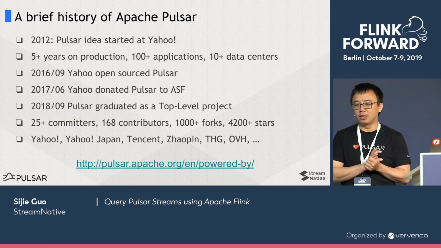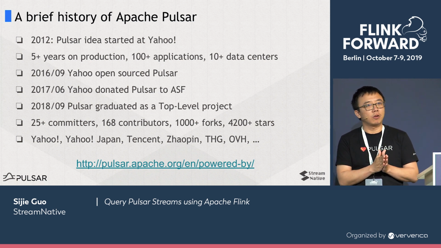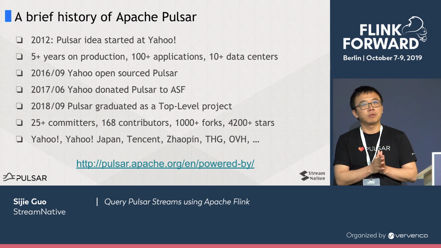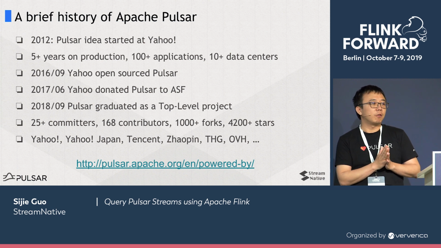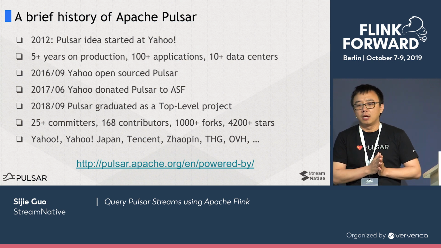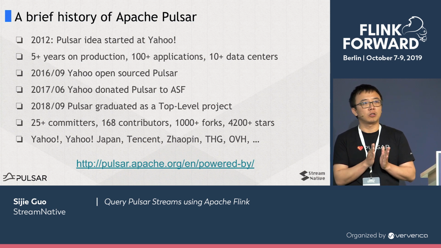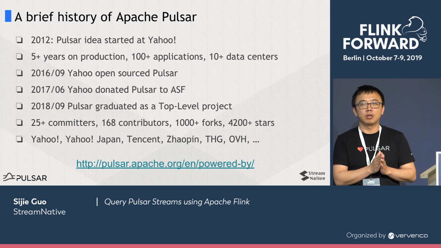A brief history about Pulsar: the idea came out of Yahoo around 2012. The aim was to build an internal messaging cloud. And it has been running in production for 5 years and serving many applications. Yahoo open sourced it around the end of 2016 and donated it to the foundation around June 2017.